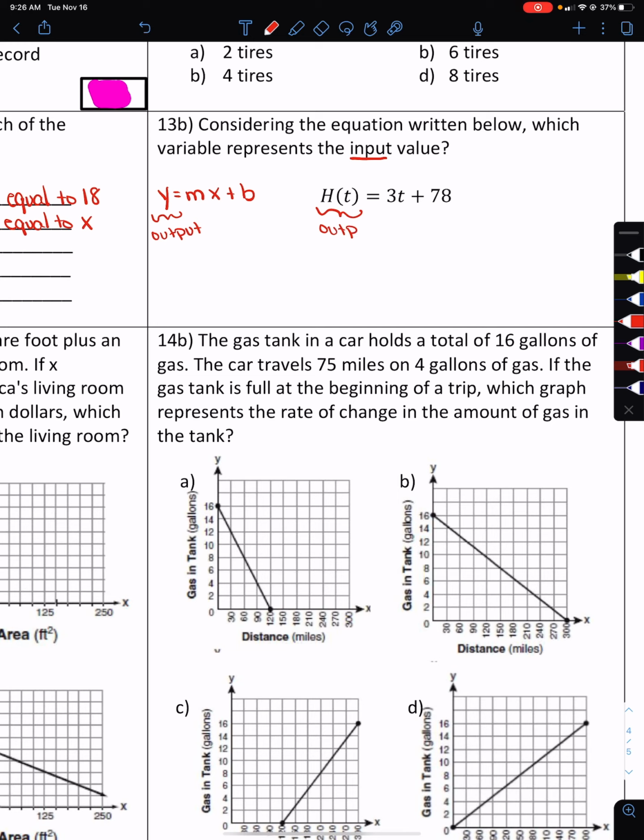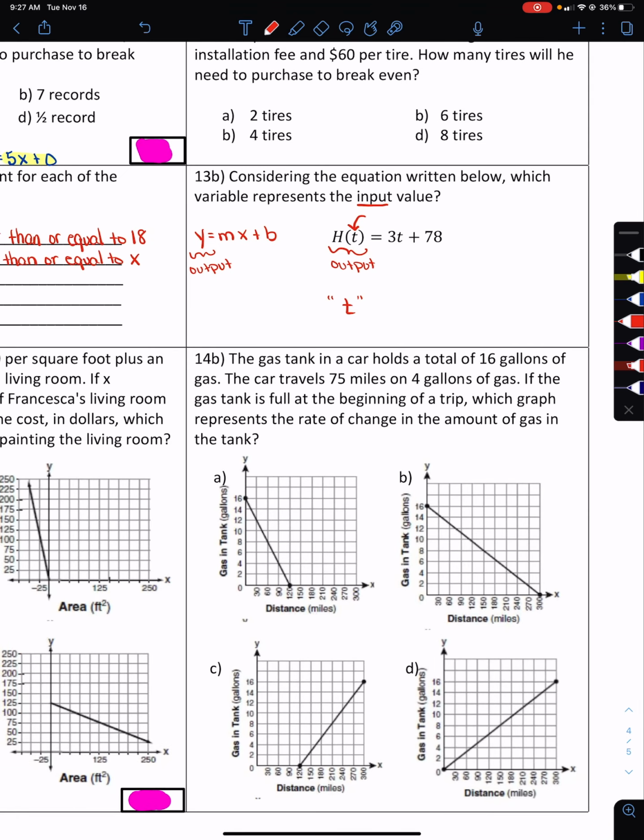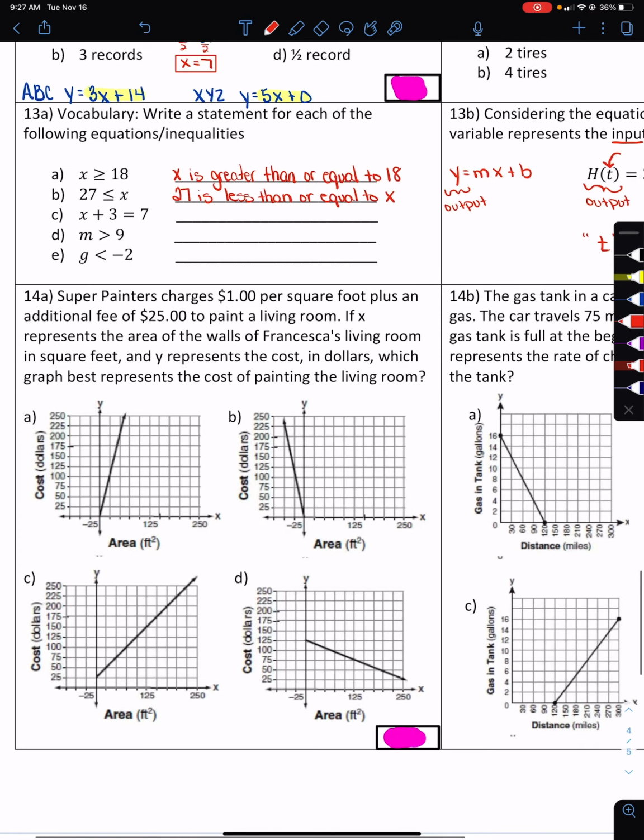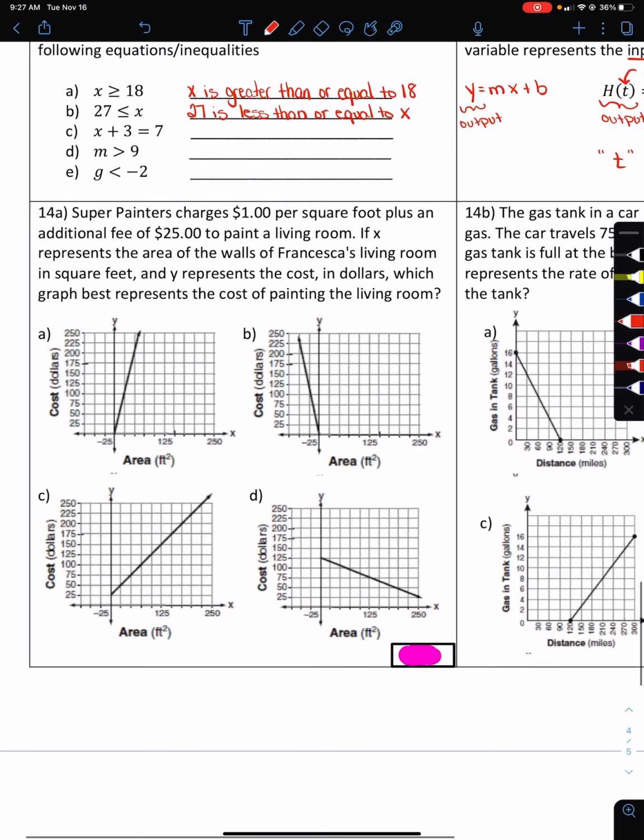What that's telling us is the output for h of t is what when the input is t. All right, so our input value in this one is t. Okay, what does t do to the output of the equation?